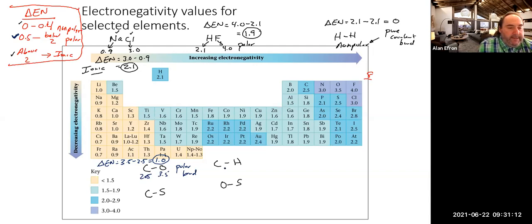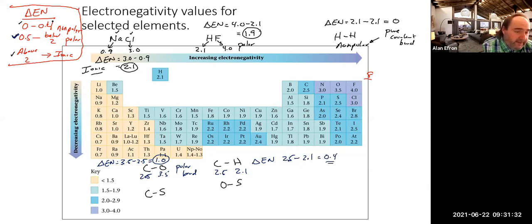Looking at carbon and hydrogen, carbon is 2.5, hydrogen is 2.1. Thus, our difference in electronegativity here is going to be 2.5 minus 2.1. That's going to be 0.4.